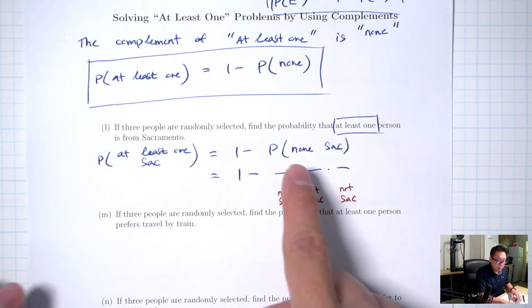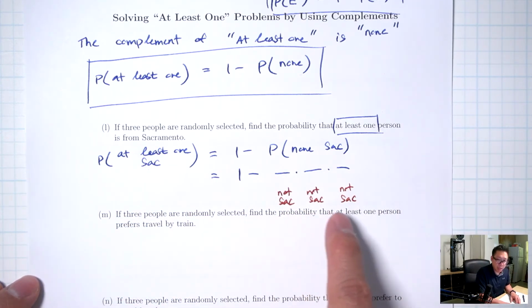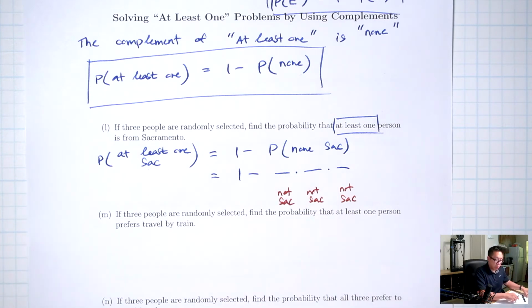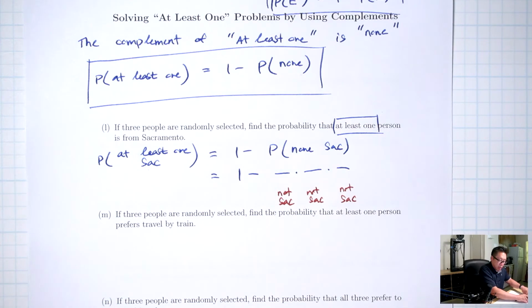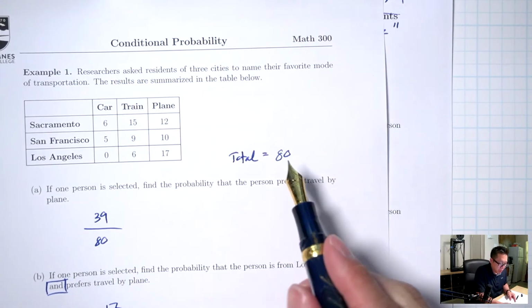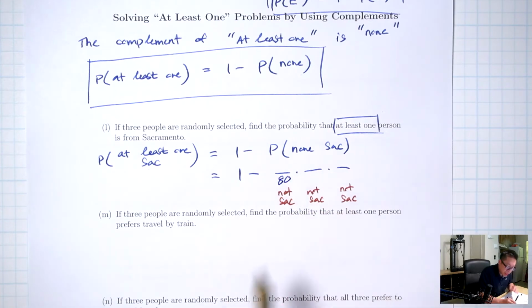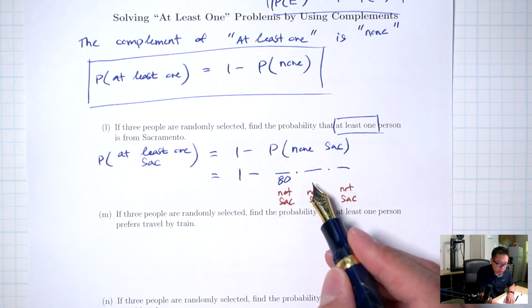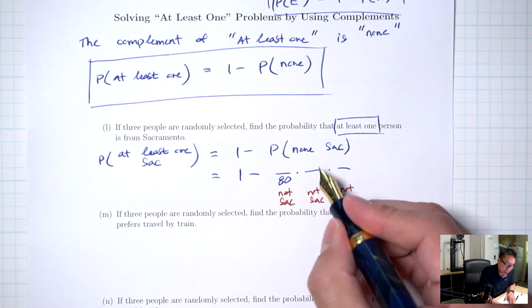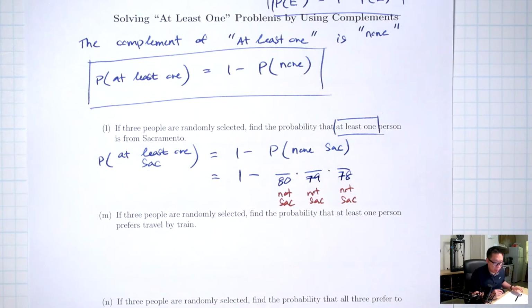All right, so first fraction, the bottom should be everybody. Everybody's 80. And then let's fill the bottoms for the other fractions. So 80, and then for the second person, because we chose 1 person already, that reduces to 79, and then 78.